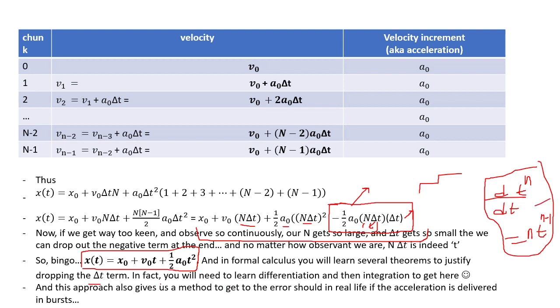How the particle is actually moving and how its velocity is getting incremented by this factor a naught here may go out of your mind, because all you did earlier was plug and chug, whereas here we have systematically built up the velocities and systematically calculated the distances. So I think we have a better grasp of what is happening physically.